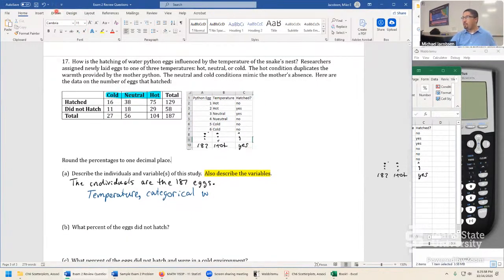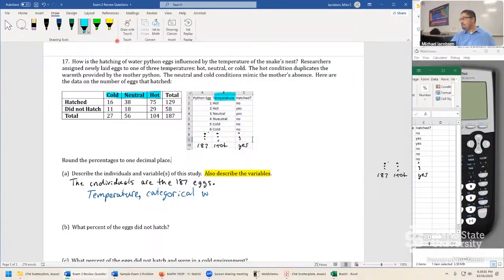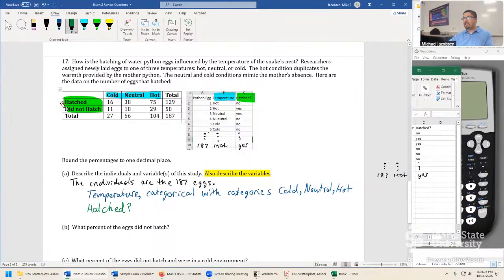So we have, for one variable, temperature. It's categorical with categories cold, neutral, hot, and the other variable is these two outcomes, whether it hatched or not. I put it with a question mark because hatched is a category, so I need something to differentiate it.